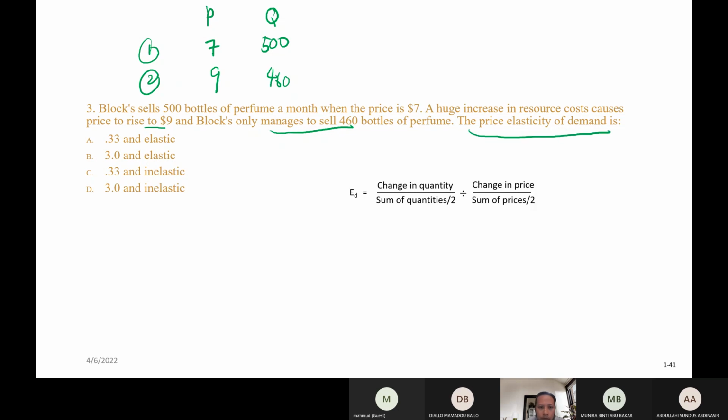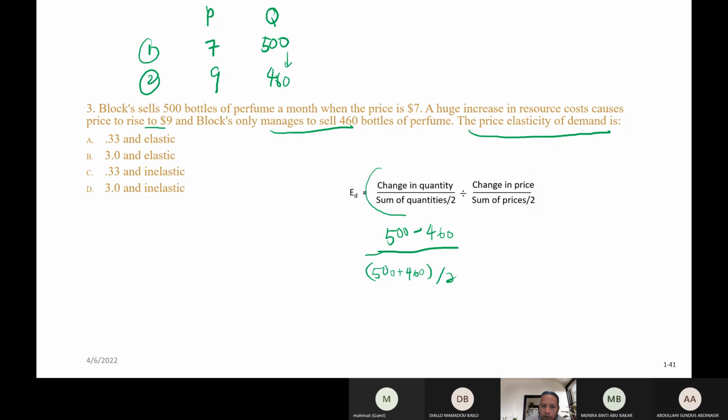You can calculate using the midpoint formula here. In this case, you look at the change in quantity, 500 minus 460, over the sum of quantities, 500 plus 460, over 2.